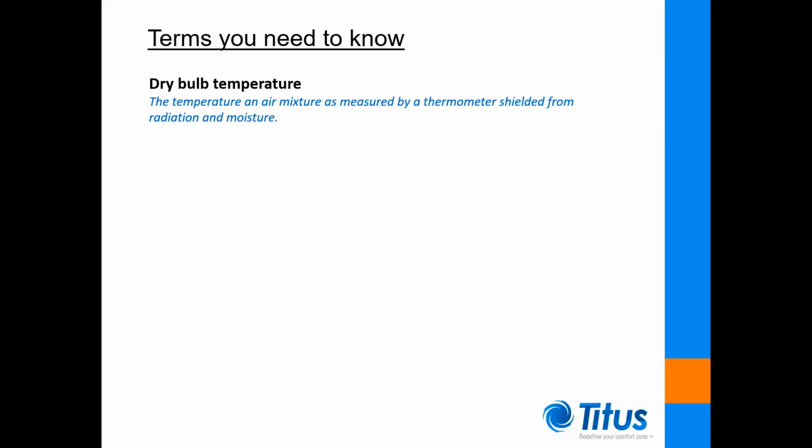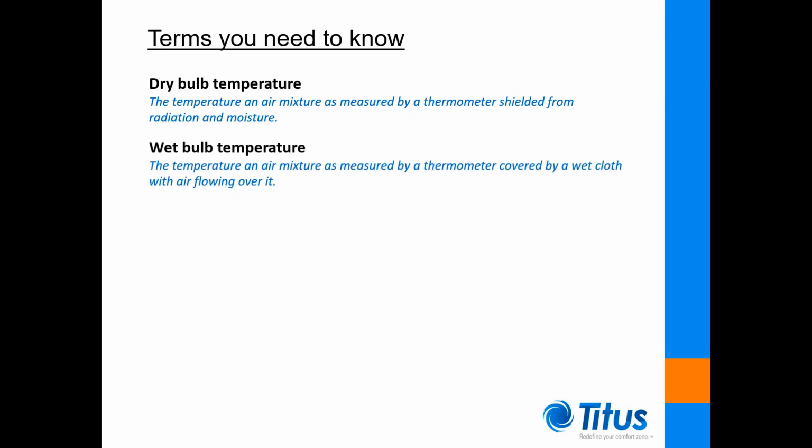First of all, let's identify a few terms that are helpful to know when considering a moist air mixture. Dry bulb temperature is that which is measured by a thermometer freely exposed to an air mixture and shielded from any radiation. The dry bulb temperature is not affected by moisture content and is commonly referred to as the air temperature.